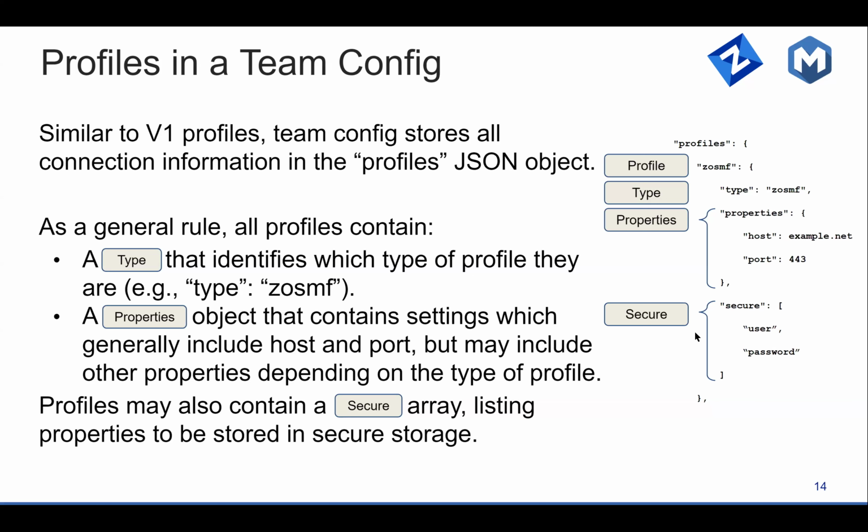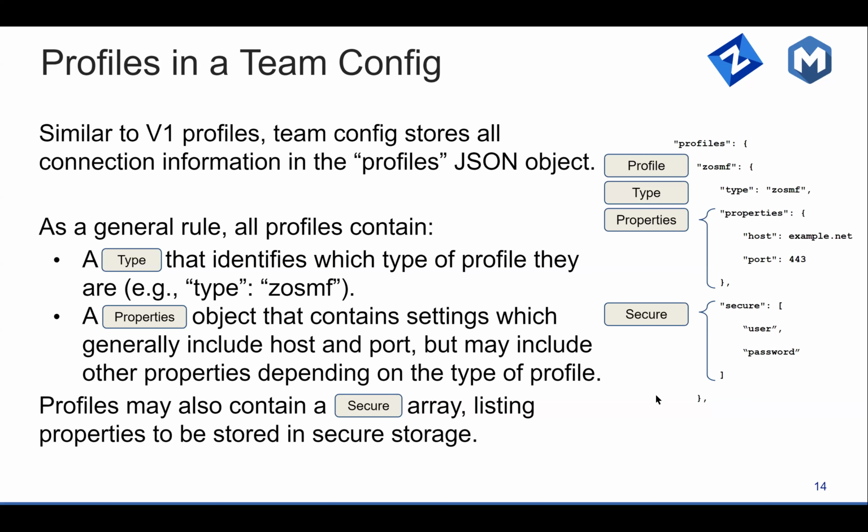And that will store whatever properties you have in here in your operating system secure storage facilities. Now, normally people just put credentials in here, but you could, in theory, also put host or port or some other property in here and secure that field if you don't want that information to be stored in plain text in your team config.